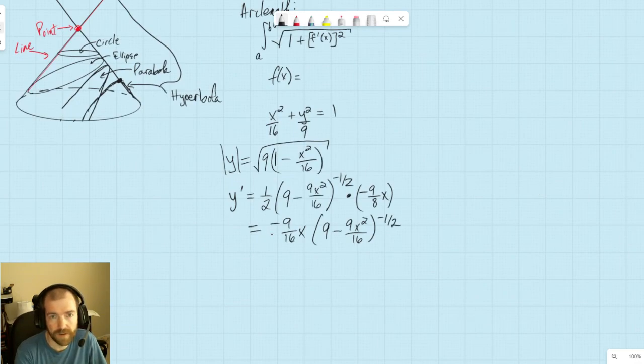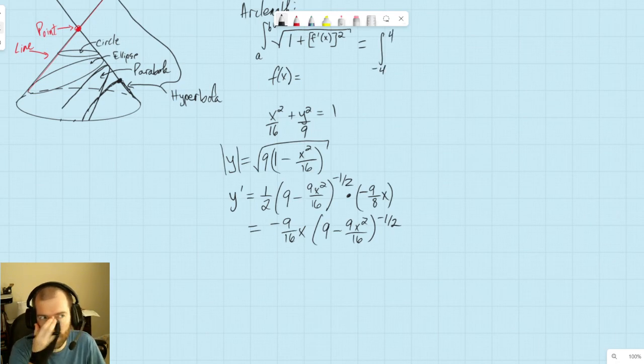Alright, then that arc length equation is going to end up being go from negative 4 to 4, or twice the integral from 0 to 4. We could also do that, right? Because ellipses are symmetric, so we're allowed to do that.